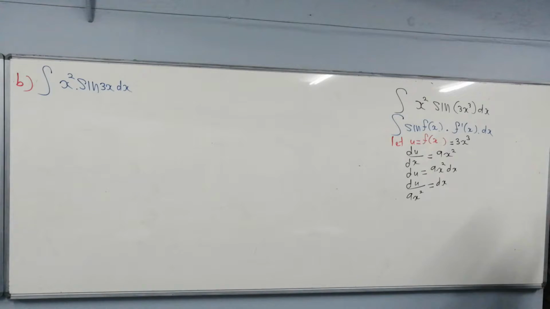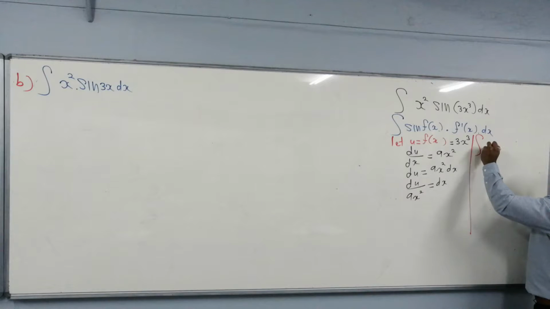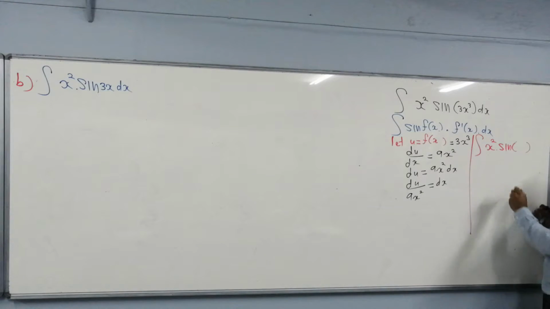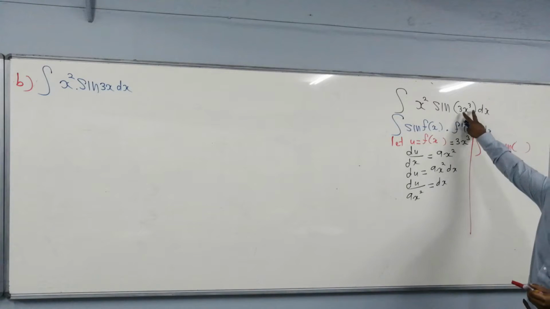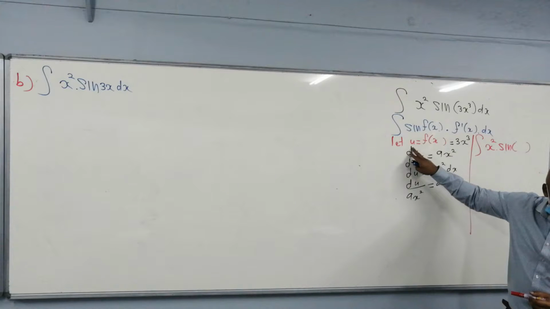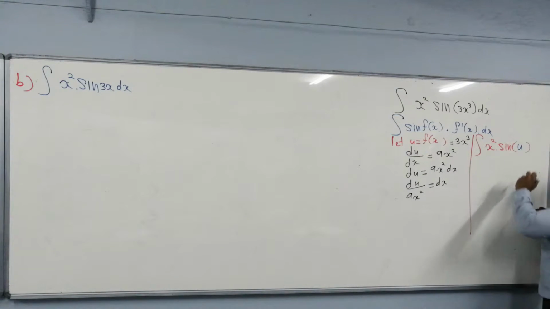Right, so now I have the integral. I have x squared sine, and now the 3x cubed here is replaced with the letter u. So let me replace it here. There's my u.